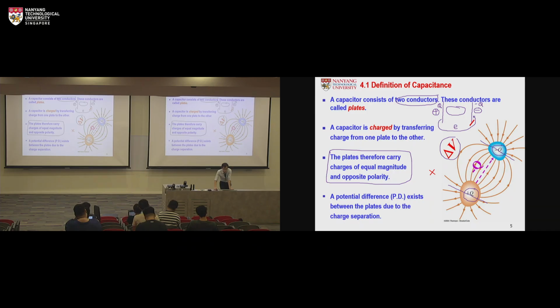When we have a positive Q on one metal and negative Q on another metal, we say the total charge stored in this capacitor is 1Q. Not 2Q, not 0. So it's just 1Q. And at the same time, another defining parameter is this potential difference between these two metals.